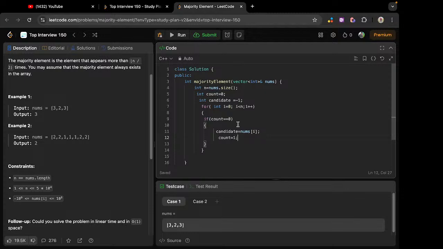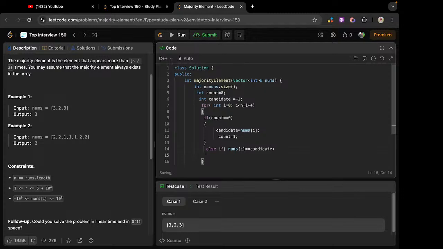Else if someone votes for the same candidate, else if nums[i], meaning the current element, is equal to the candidate that is winning, then we will increase its vote count, plus plus.